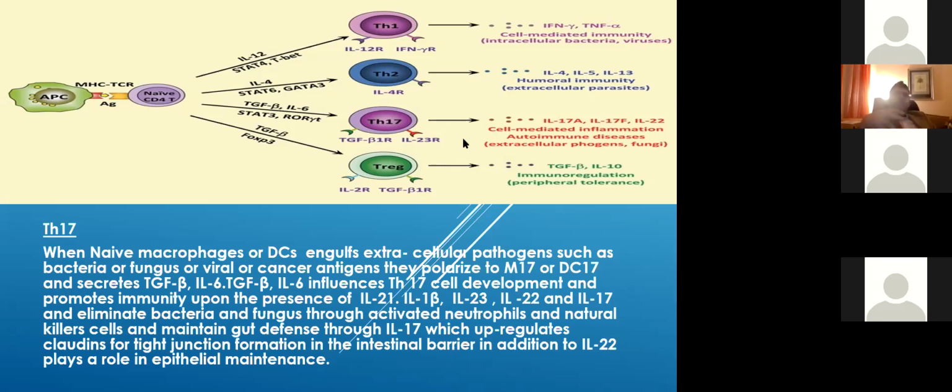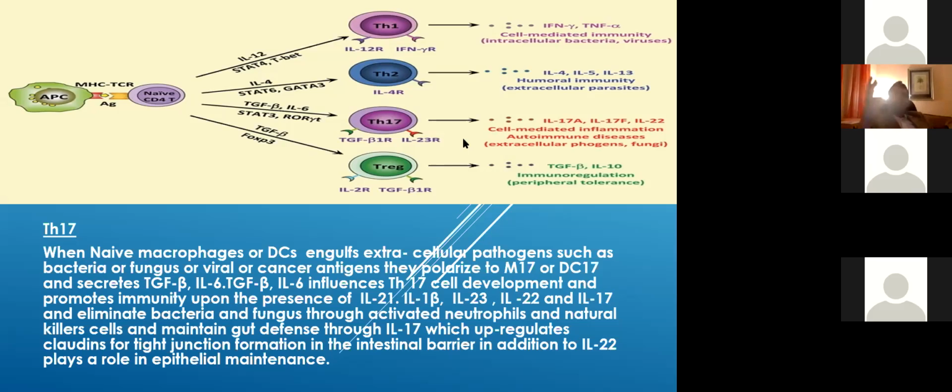Okay, and what exactly is the function of this subset? Why do we have Th17 and M17? This helps to stimulate the innate immune system. It helps to recruit and activate the neutrophil to attack the foreign cancer or infection, especially bacteria or fungus.